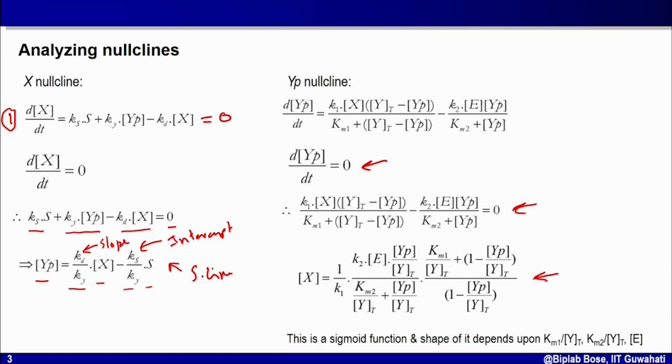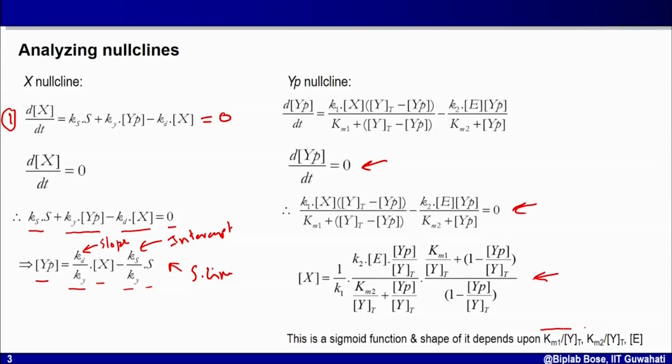So here x and yp have a sigmoidal relation, and that sigmoidal function depends upon the shape of the sigmoid, which depends upon Km1 by yt, that is the ratio of the Michaelis-Menten constant and total y, and Km2 by yt, that is the second Michaelis-Menten constant and total substrate, and obviously E, the concentration of E, that is the phosphatase concentration. This we have dealt with in an earlier module.